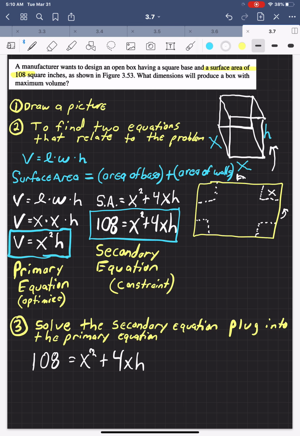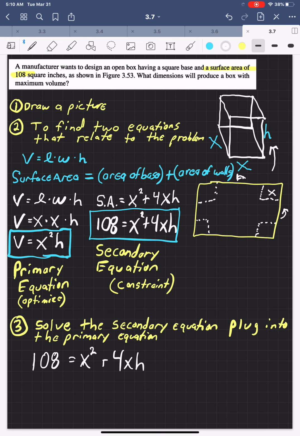You just want to be able to solve for a variable that exists in your primary equation, right? So I could solve for h, I could solve for x. Obviously, the h is going to be a lot easier. It's going to lend itself a little bit more.